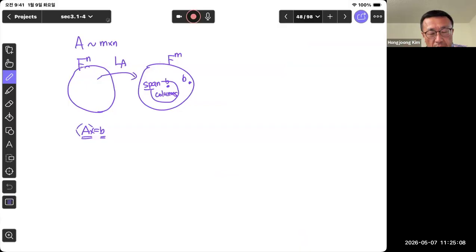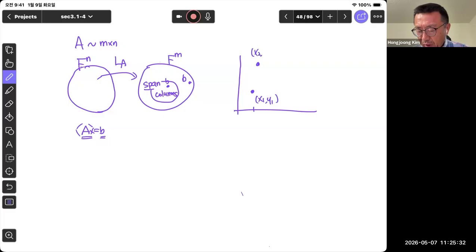As an example, suppose I have a point (x1, y1), a point (x2, y2), and some point (x3, y3).